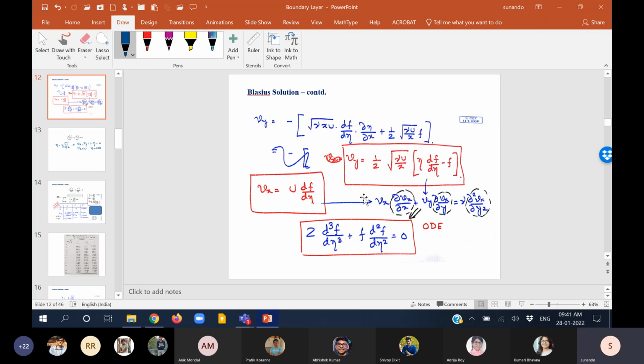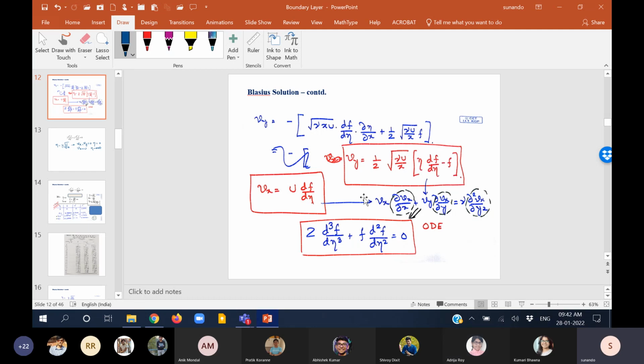What can you say about f or f prime when eta tends to infinity? Physically, someone was trying to say something. Yes, f prime becomes 1 because Vx becomes equal to u.